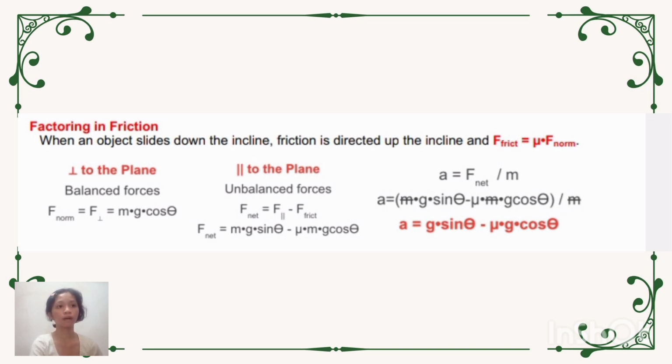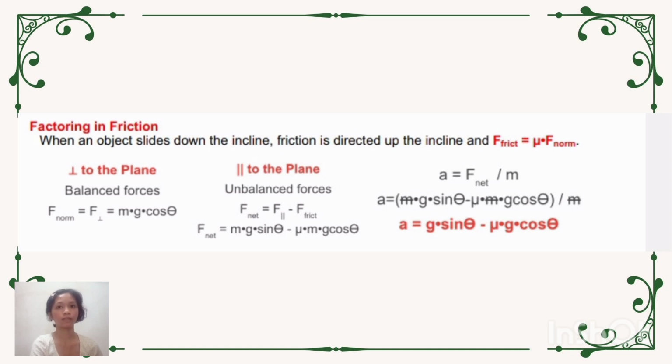So the component of gravity pulling the object down the slope is F parallel equals mg times sine theta. But friction acts upwards, right? So F friction equals mu times mg cos theta.